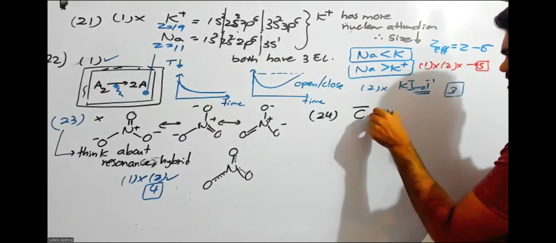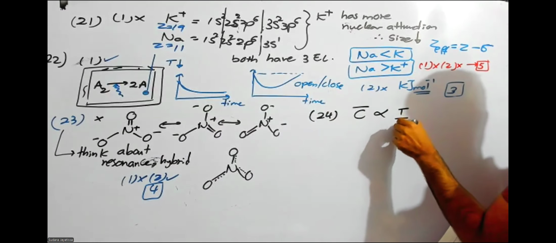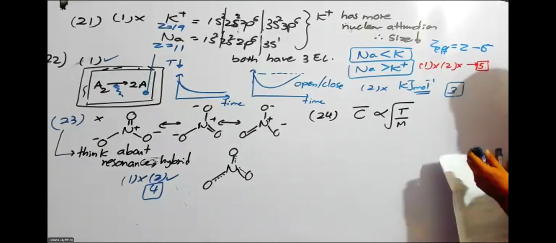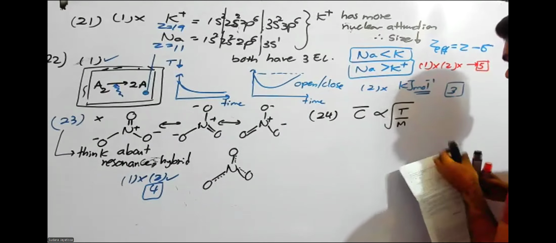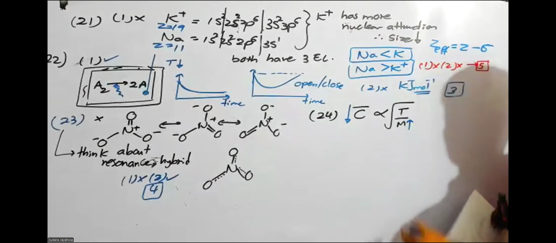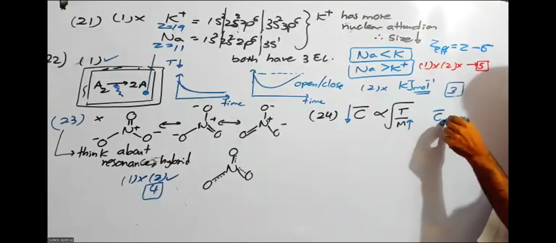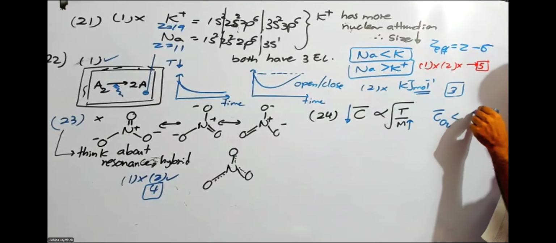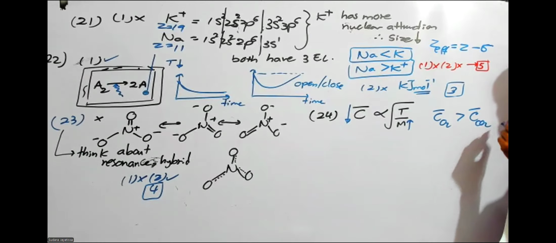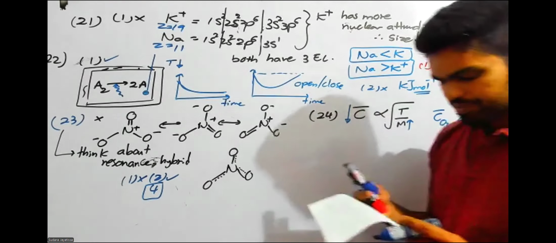C bar is directly proportional to the root of T over capital M. So if the molar mass increases, C bar will decrease. So you can say C bar of O2 gas is higher than C bar of CO2 gas. So look at the statement.